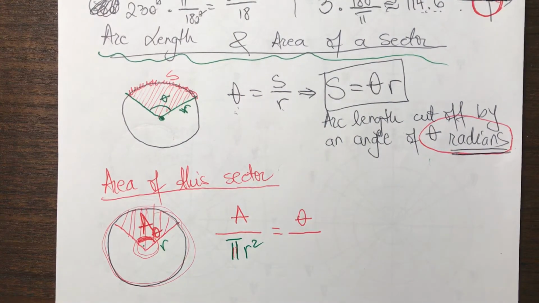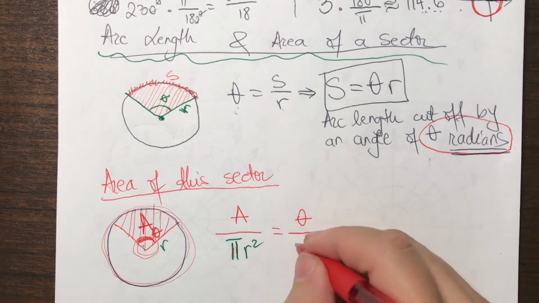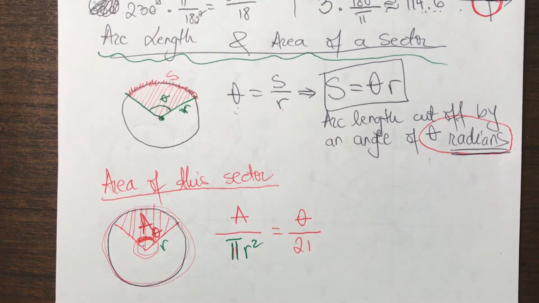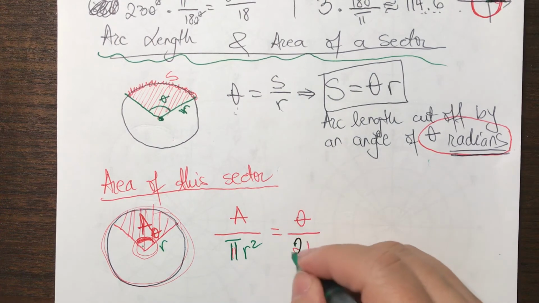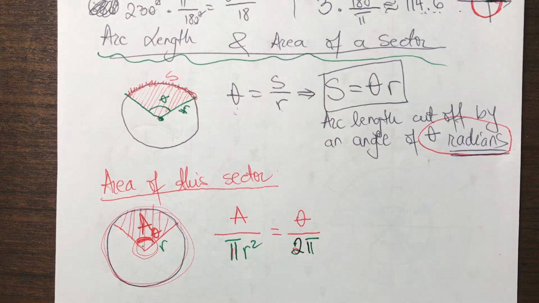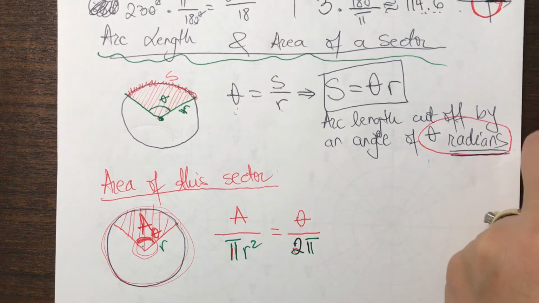And again, I know you might be tempted to say 360 degrees. That's what a full angle measures. But remember, we want the radian measure of that, and the radian measure of that is simply 2 pi.